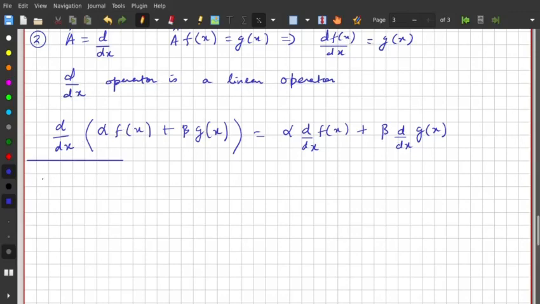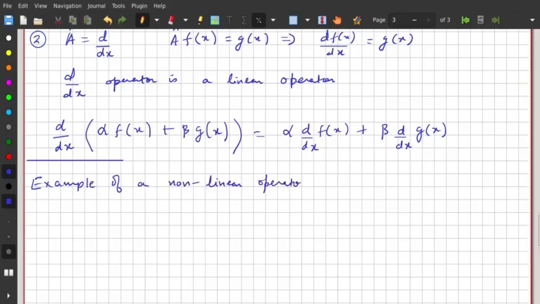In general, not all operators are linear, by the way. For example, I will give you an example of a nonlinear operator, and a very common example of that is, let's say, the square root operator.